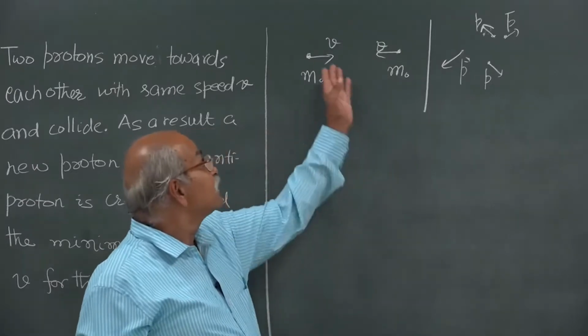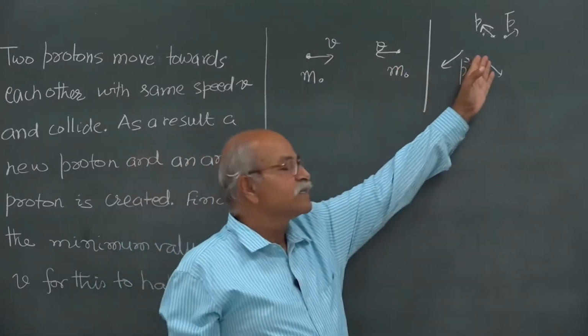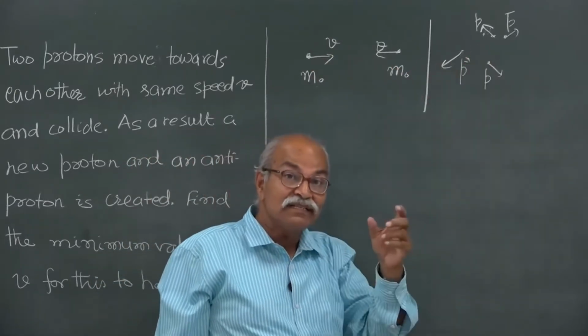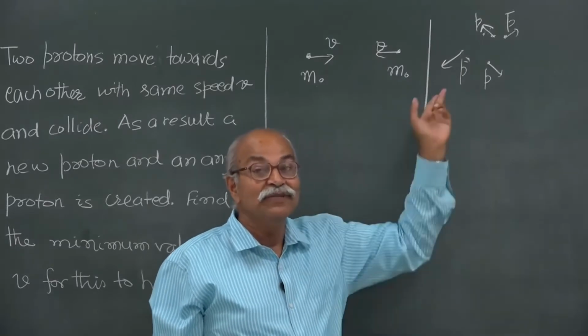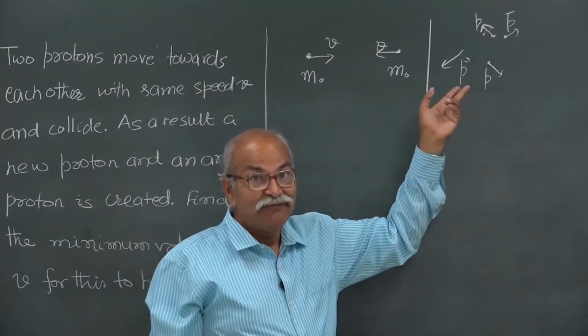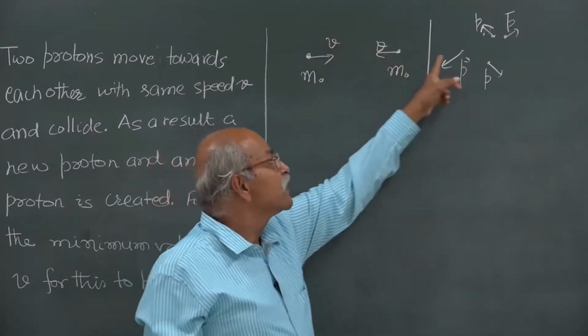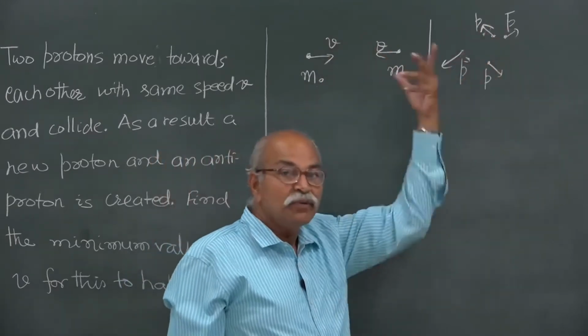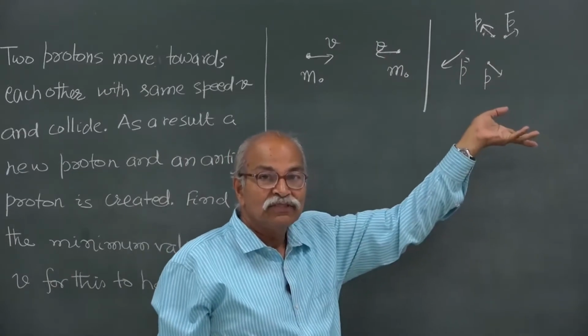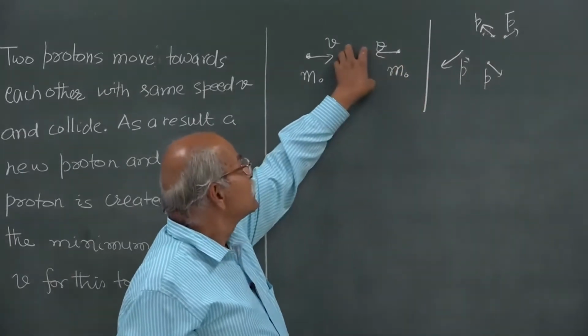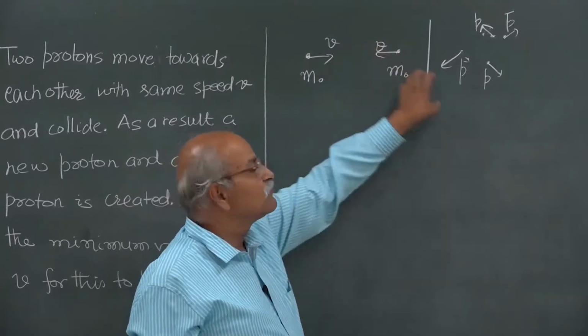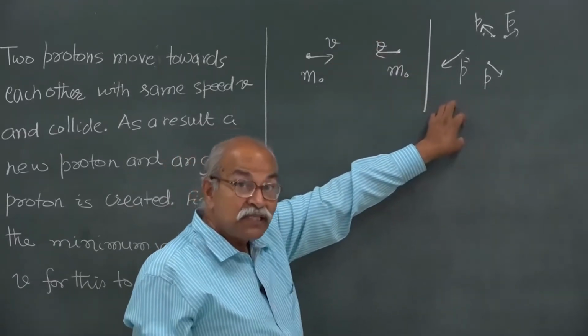So, the kinetic energy here and the kinetic energy here, the difference is creating this new rest mass. Therefore, if you want the minimum value of this V, then the kinetic energy here should be minimum, should be 0, so that this entire kinetic energy is converted into rest mass, and that is possible.